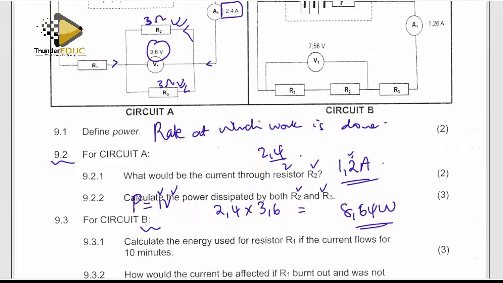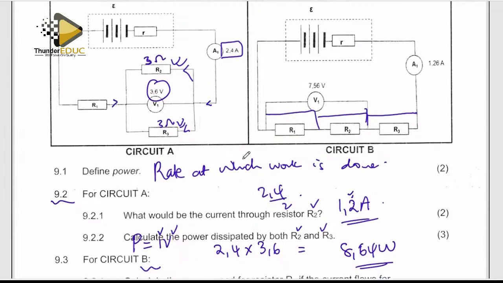The voltage of R1 should be the same as the voltage of R2, same as the voltage of R3, and all 3 voltages must give us the total voltage because they are in series. The reason the voltage is equal is because we're talking about the same magnitude of resistance.